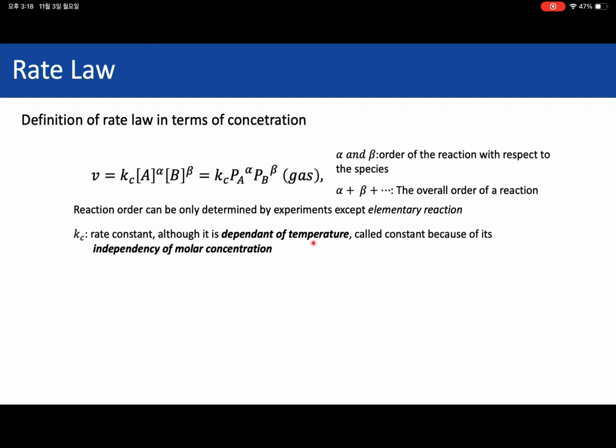More rigorously, it's not actually a constant, but within this equation, which is the rate of reaction with respect to the molar concentration, k is independent of the molar concentration. So although the rate constant is dependent on temperature, since it's not dependent on the molar concentration, we call it a constant. But just don't worry too much about its dependence on temperature at this point.